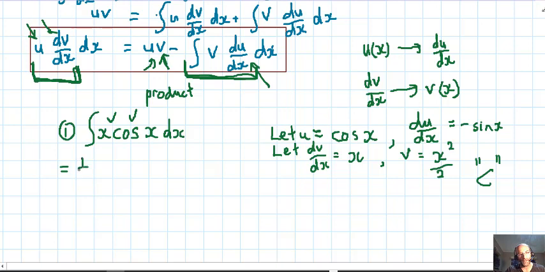I'm going to put that bit first, half x squared, times cos x. So that's the uv part. Less the integral of v, which we said is a half x squared, times du dx, which is negative sine x. So what I'm going to do is put the negative out the front, which makes minusing a negative a positive, and the sine x there.